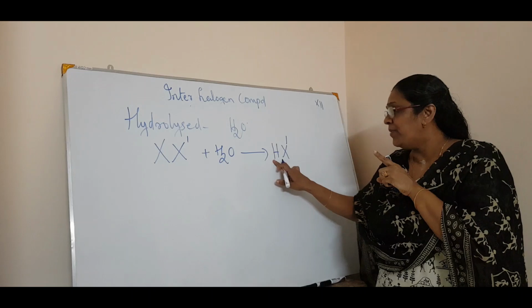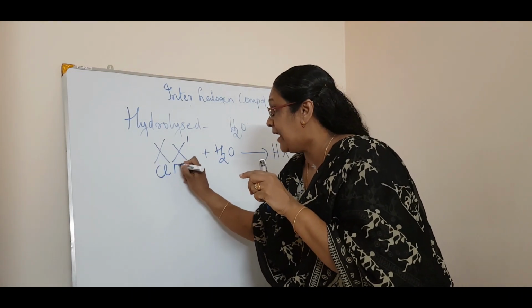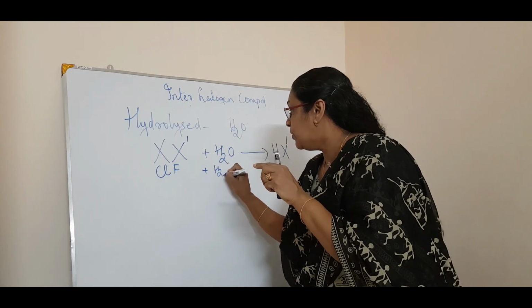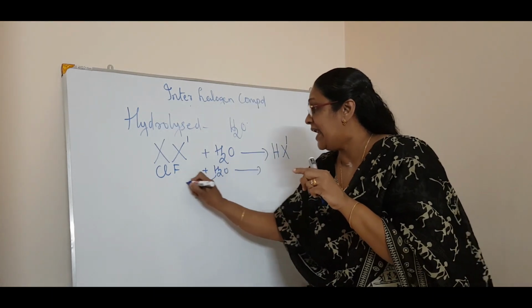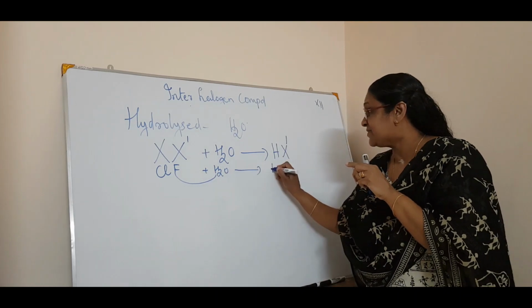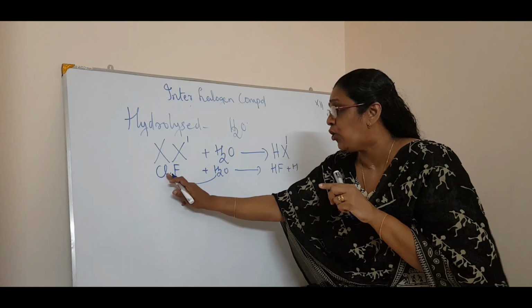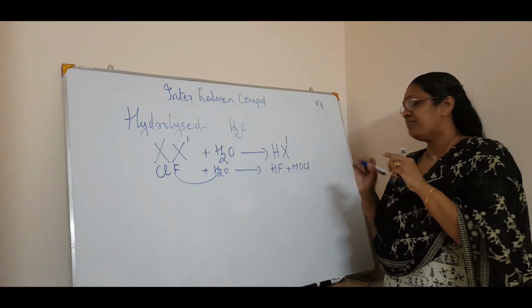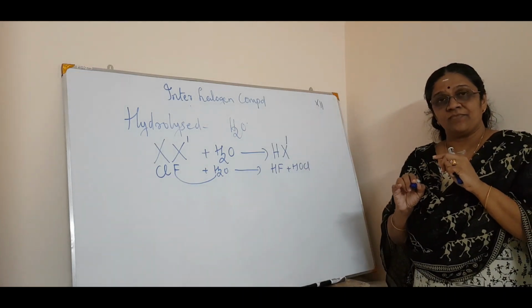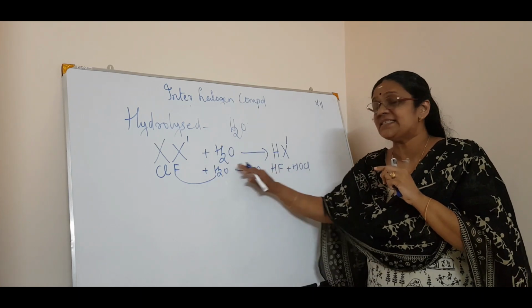For example, ClF plus water gives HF plus HOCl. The smaller halogen goes with H, so straight away it comes as HF, and the rest is HOCl. Got it? In every case it is the same.